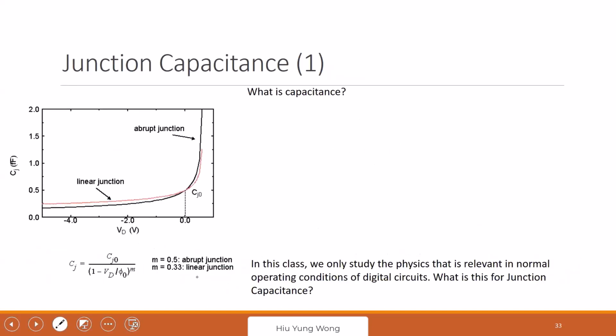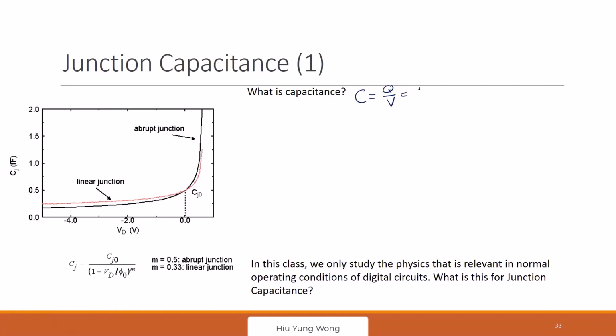How about for capacitance? Now, this is the reason I spent so much time to talk to you about the depletion width, right? What is the capacitance? Can someone tell me? Remember, capacitance is just C equals Q over V, right? It's just asking.